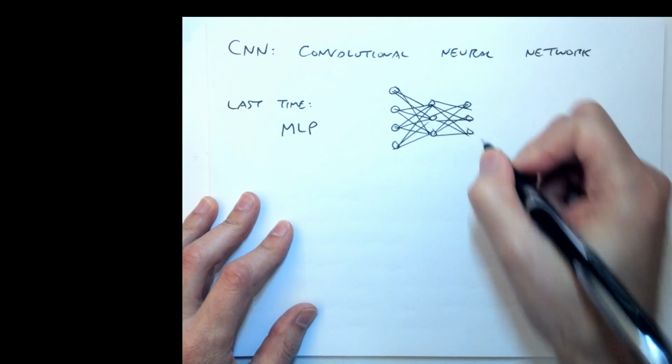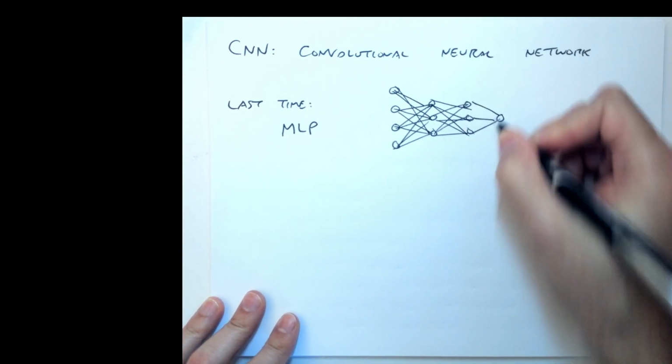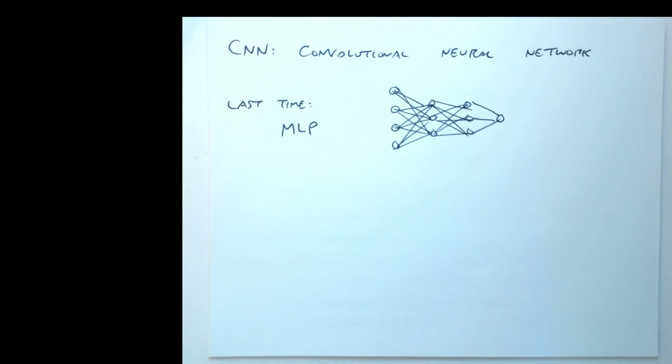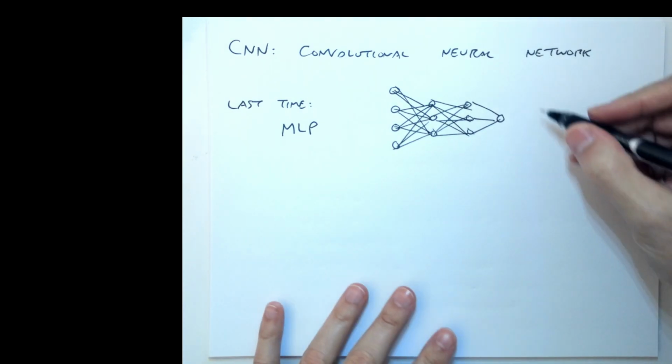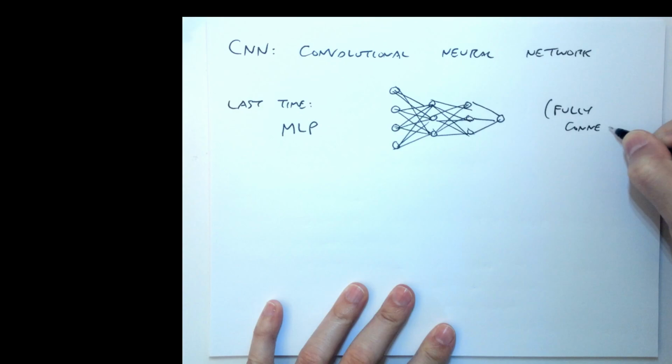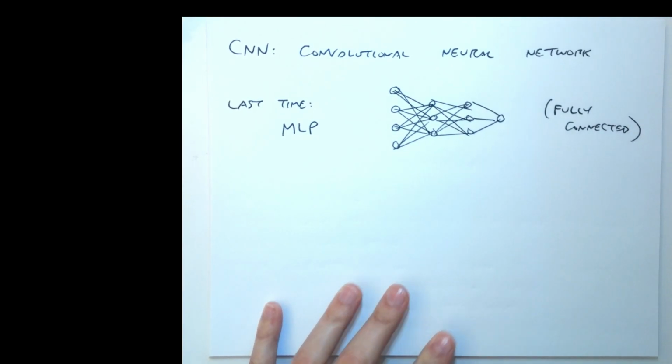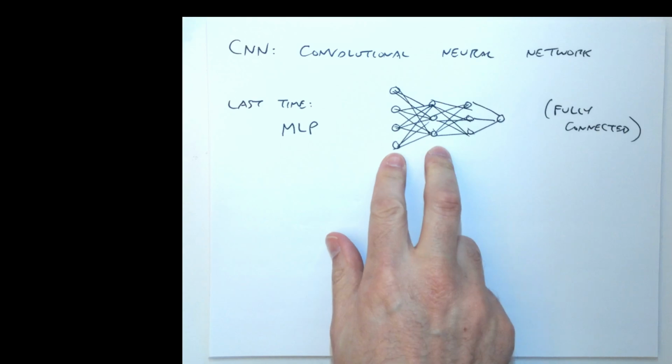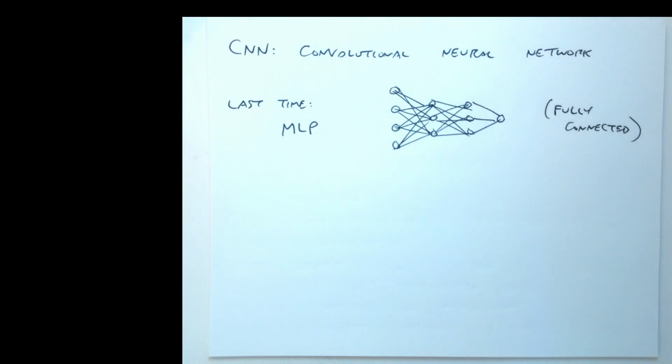So if I'm trying to predict a number or do some regression, I make a network where everything is fully connected. This is also known as a fully connected network. Or if I have something that goes from this to this, you would call that a fully connected layer, okay?